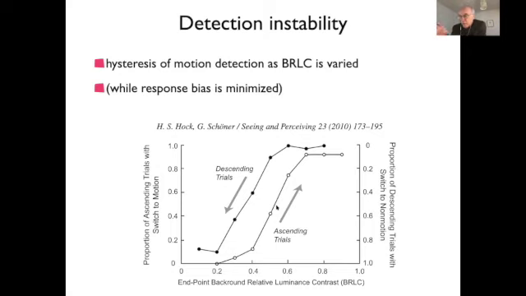Even though it does turn out phenomenologically that people have a pretty clear percept when they have a percept of motion here. But to minimize that aspect, what you can also do is not ask people to report all the time. They see the stimulus, they can just watch it. And it abruptly ends at some level of this BRLC.